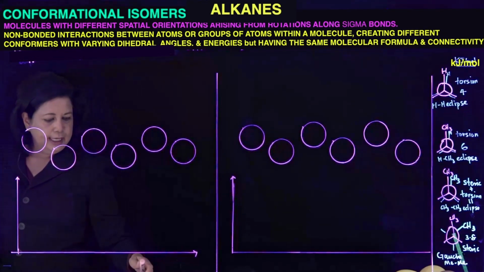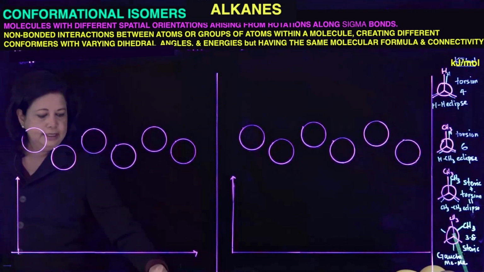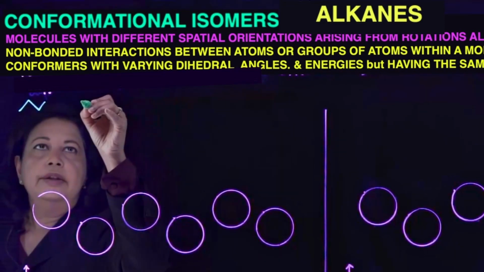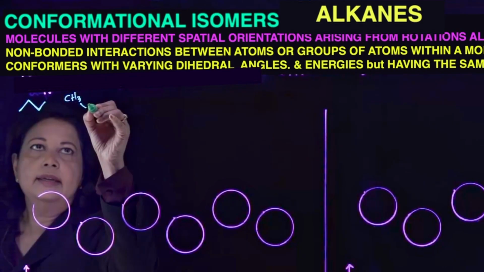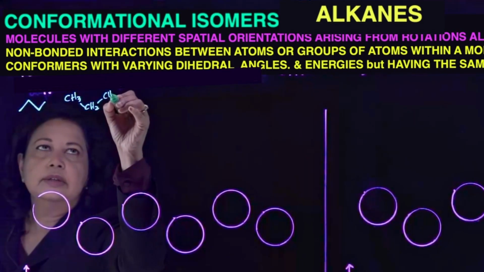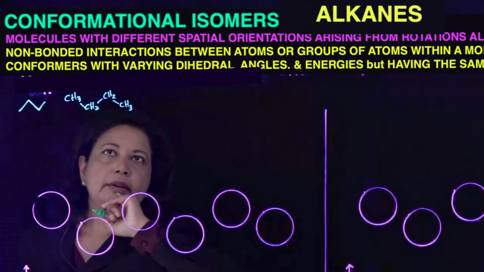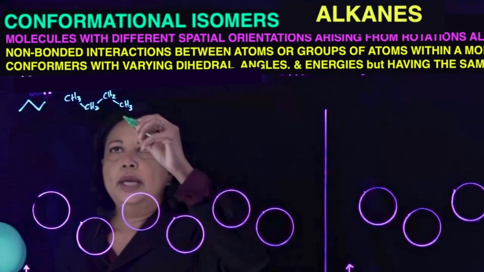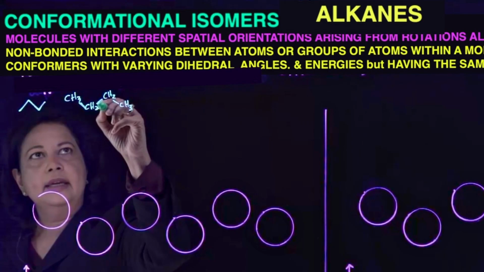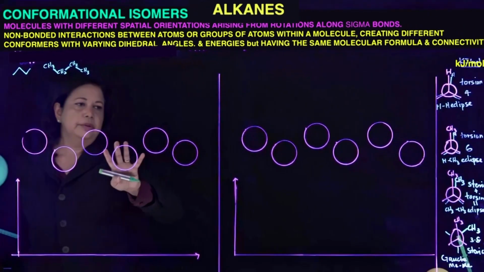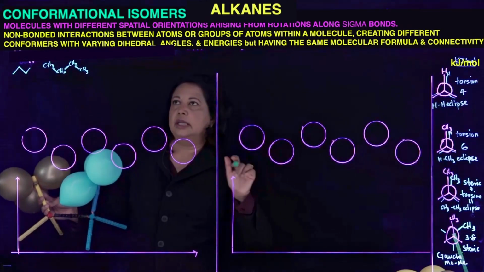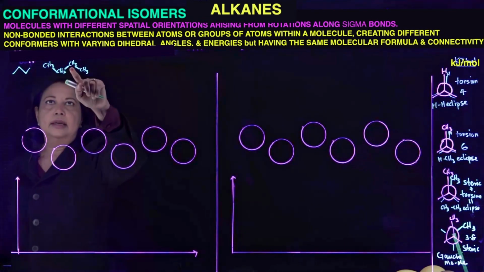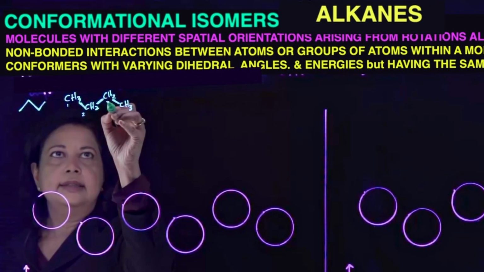Okay, let's look at butane. Butane is basically 4 carbons. If you draw a condensed structure for that, it's going to look like this. And then we can draw an expanded structure for this. It would depend on which sigma bond you're rotating for the energy graph, because each of these would give you different conformers. So let's say we're going to rotate the middle C2, C3.